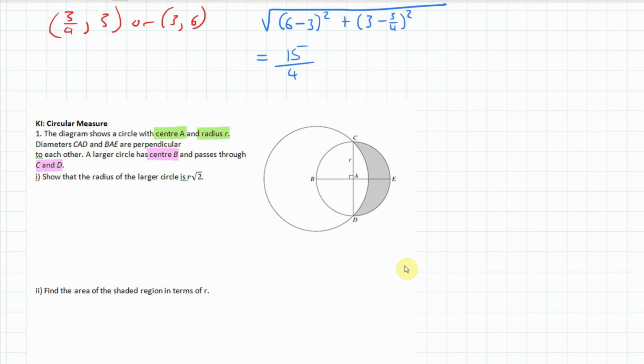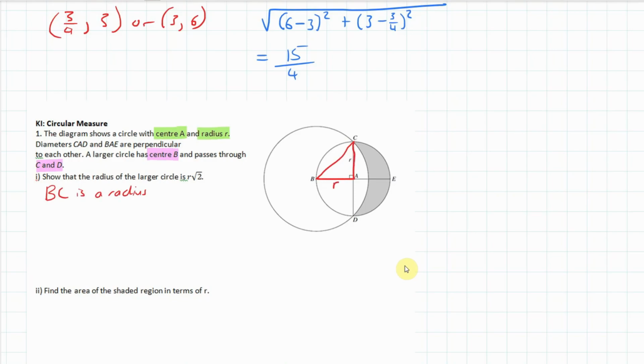Okay. Well, my first step would be to think, from B to C, BC is a radius of the larger circle, and therefore we can think about this here as a right angled triangle.